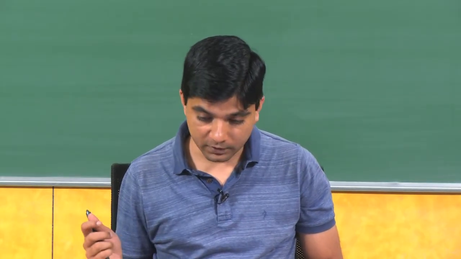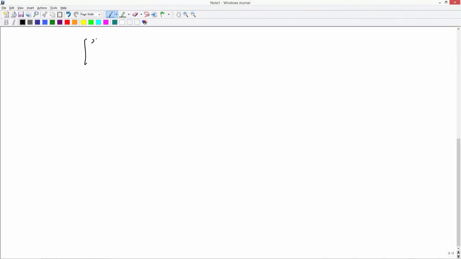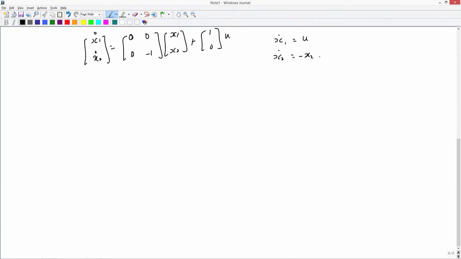So, what can we do with this kind of systems? Say I will just take the other example which you had: x1 dot, x2 dot is 0 0, 0 minus 1, times x1 x2, plus 1 0 times u, which can be written again as x1 dot is u, x2 dot is minus x2.